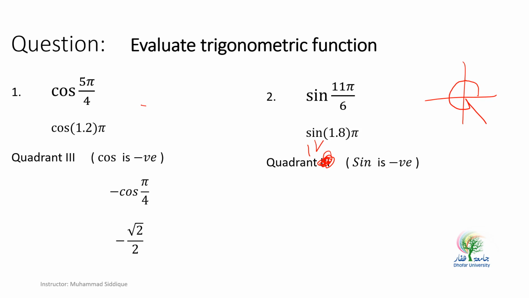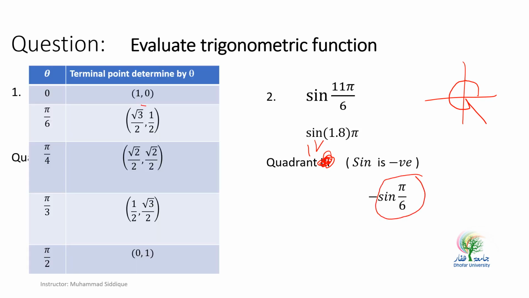In quadrant 4, sine is minus. So I have to find the value of sine of pi by 6, and from the table we know pi by 6. Sine is the second value, so minus half is the answer. The second value is sine, the first value is cosine. I hope it's clear.